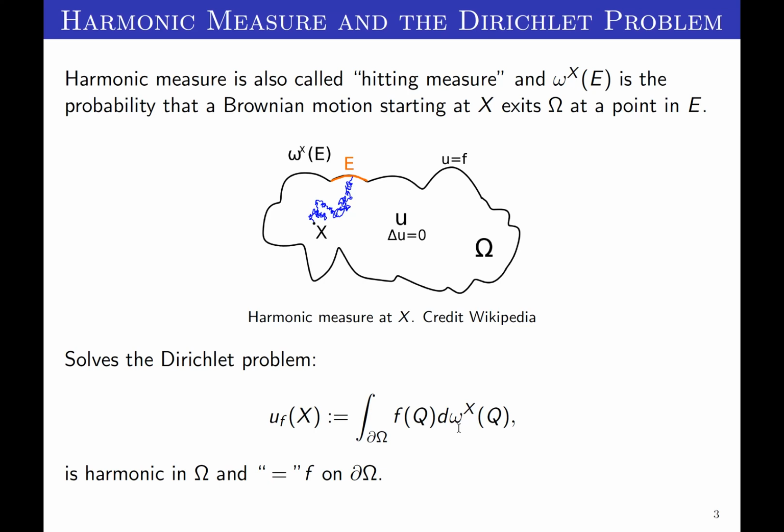So physically, this means that if you know the harmonic measure, you can test an electric field on the boundary of a metal plate and understand exactly what the field's value will be at any interior point on this electric plate, which could be a sort of weird shape, as you can see in the picture. Cool. Here's a nice picture I stole off Wikipedia.